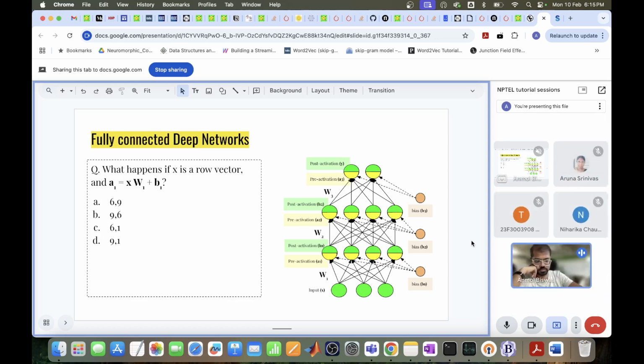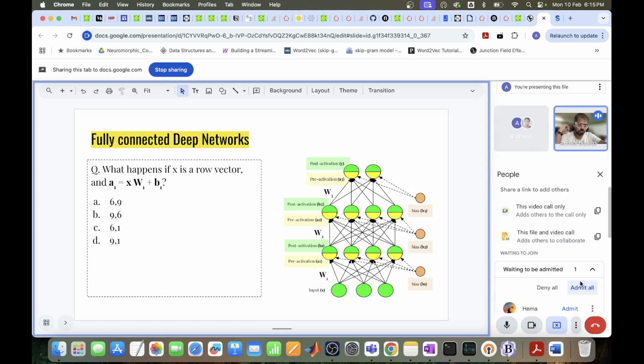So obviously, when you treated them as column vectors, you got one answer, and if you treat them as row vectors, then it will just be the flipped version of that, right? In the previous question, you got 9 comma 6 as the dimension of the weight matrix. Now here, it will simply be 6 comma 9.